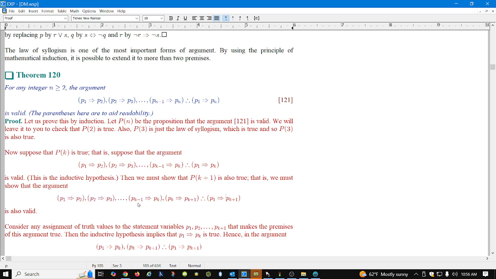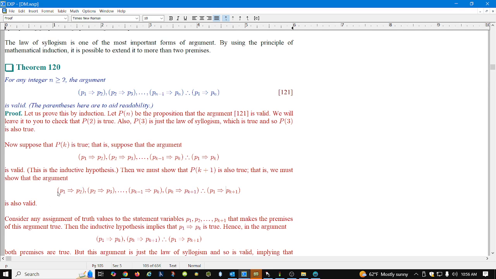Well, to show that this argument is valid, consider any assignment of truth values to the statement variables that make all of the premises true. Then, if I just select these premises, they're true, all the premises are true, and remember the inductive hypothesis that this argument is valid, we know then that this must be true: P1 implies Pk.